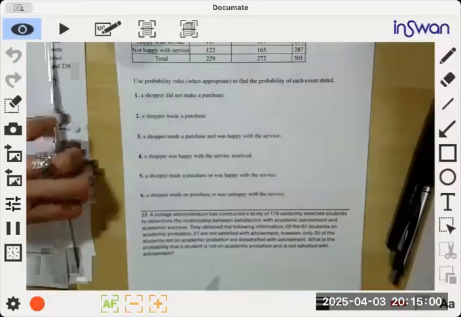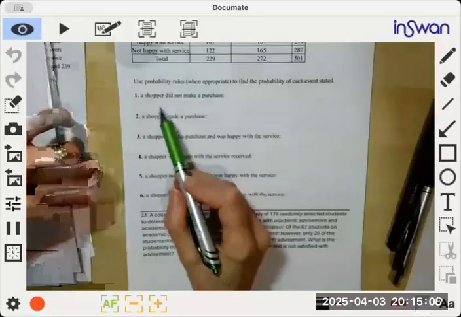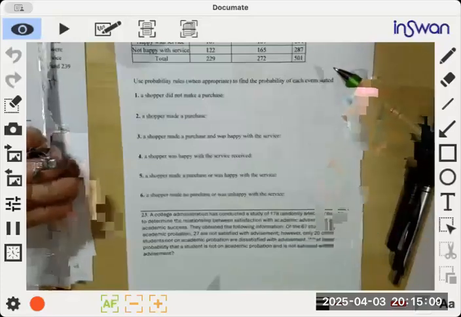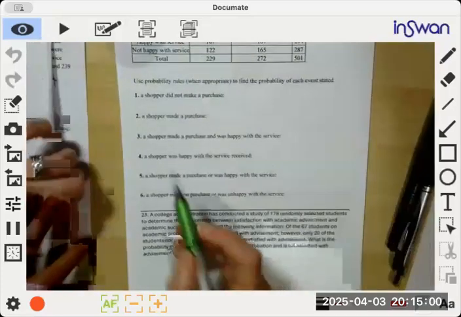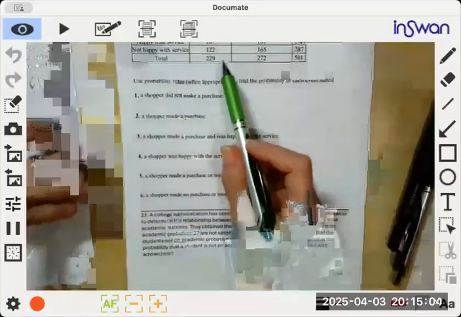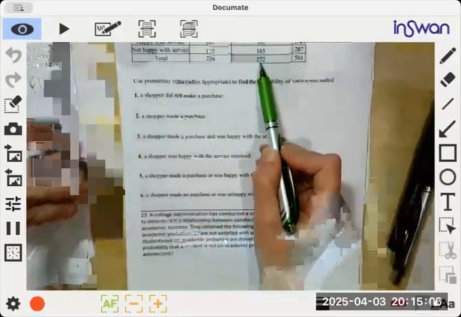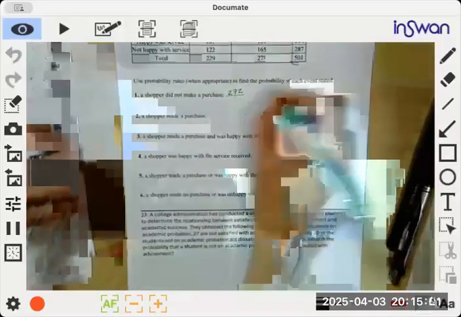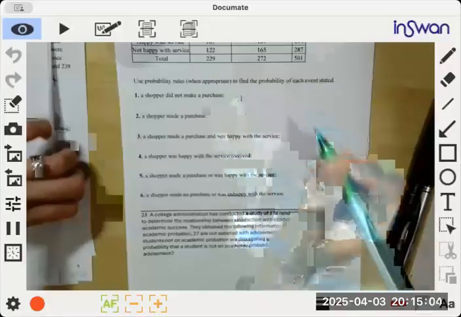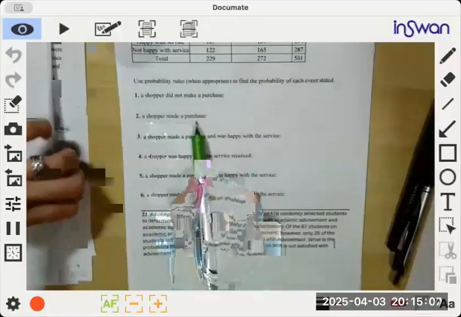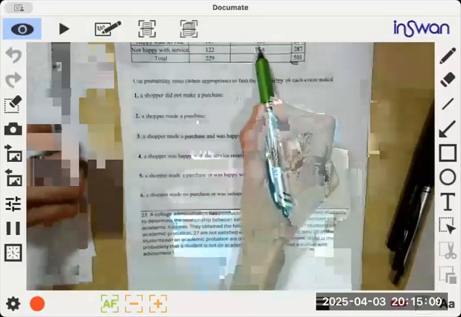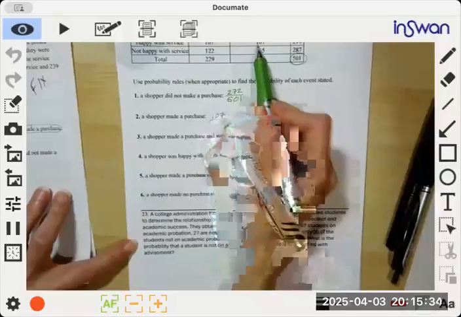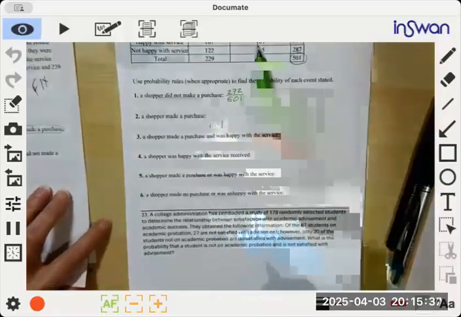So this is just kind of our straight up probability here. The shopper, so we know our total is 501. The shopper did not make a purchase, that would be 272 out of the total 501. The shopper made a purchase, 107 out of the 501.